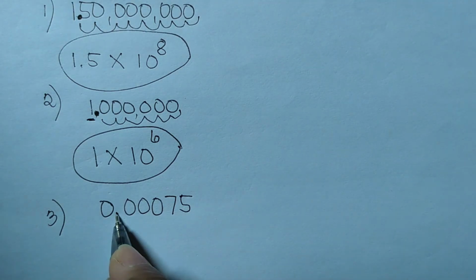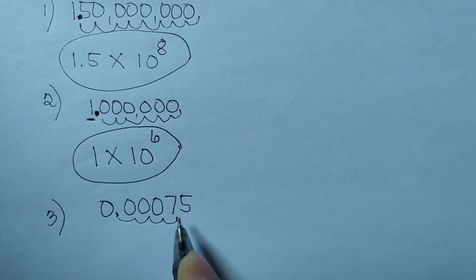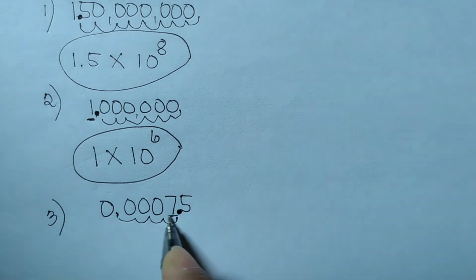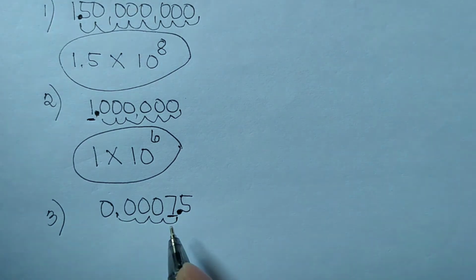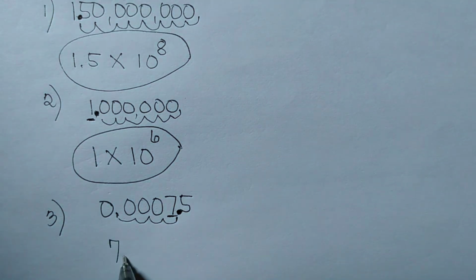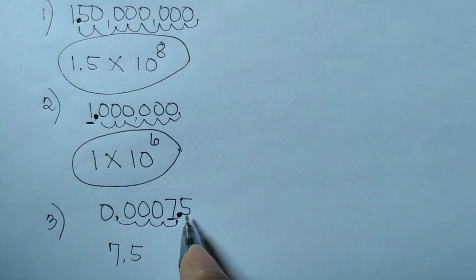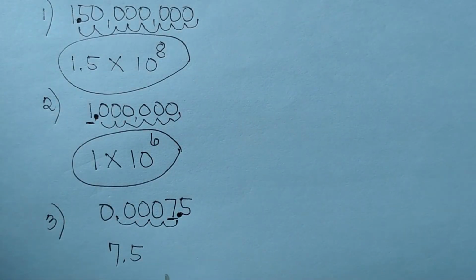So let us have 1, 2, 3, 4. We have to stop after 7 since we already have 7 as one significant digit at the left of our decimal point. So we write this one as 7.5. You have to include 5 because 5 is still a significant digit here.